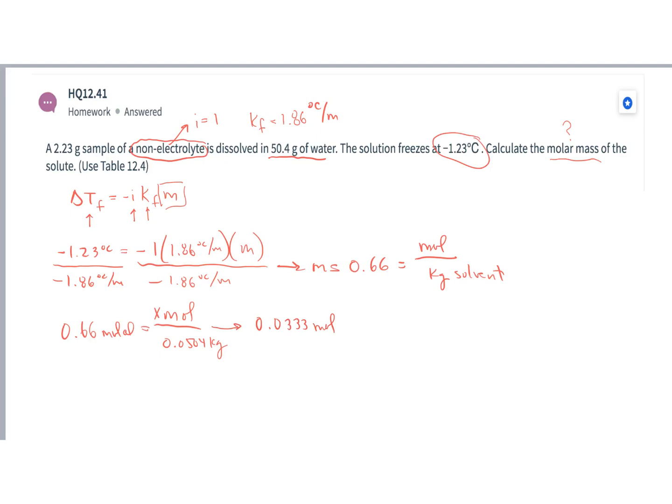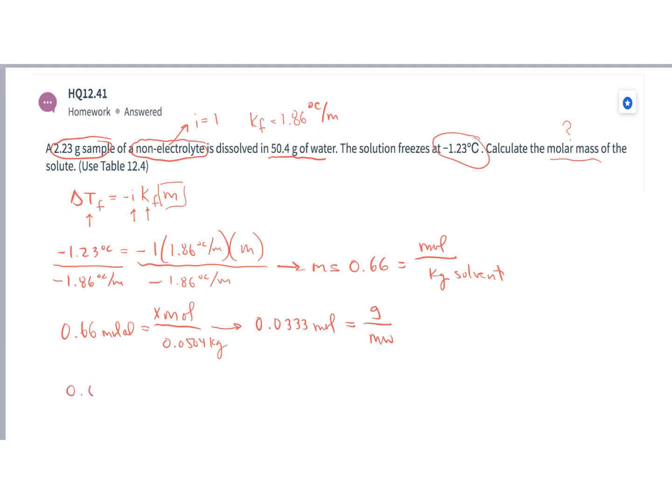And again, we have to ask ourselves, okay, where can I go with this? Well, I know moles equals grams over molecular weight. I know I have 2.23 grams of this unknown in solution.